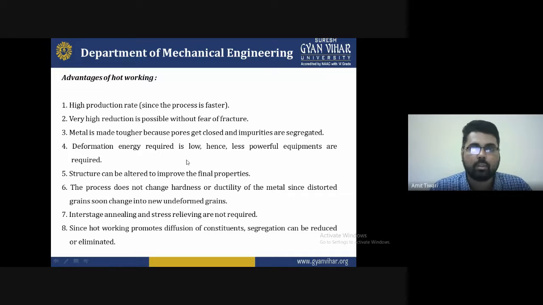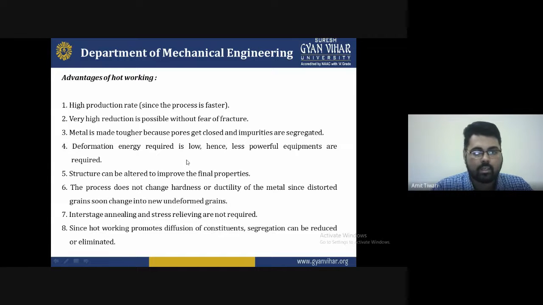Because sometimes when you apply force, some grains are disturbed internally and they change their strength and weakness. So there is no change in the microstructure and no change in the hardness. It is a good advantage of hot working.